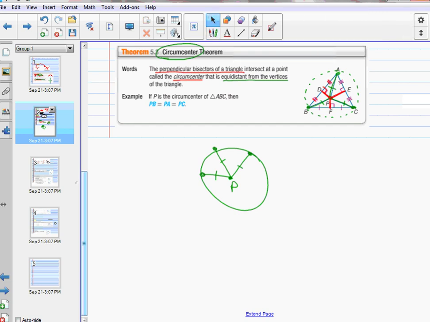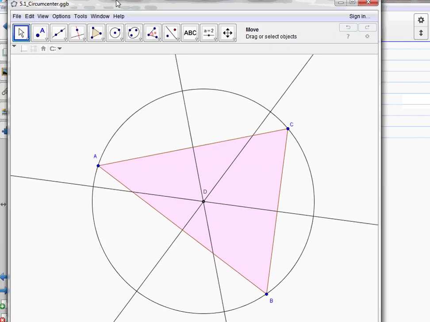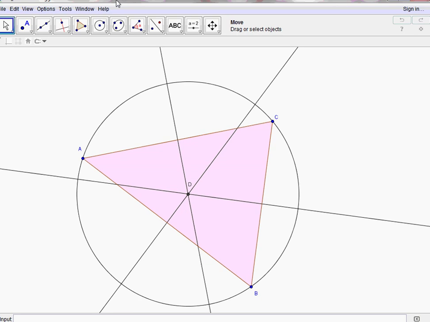I'm going to illustrate with our favorite geometry software, GeoGebra. You got to play around with this sometime. It's really cool how it works. All I did was just draw some triangle, and then I created the perpendicular bisectors of all the sides. So this line is simply the perpendicular bisector of CD over here.